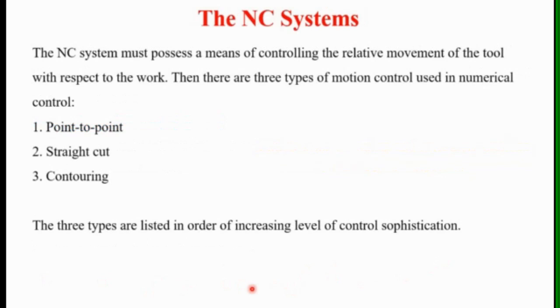Then we can see the NC systems. The NC system must possess a means of controlling the relative movement of the tool with respect to the work. There are three types of motion controls used in numerical control: point to point control, straight cut control, and the third one, contouring control.